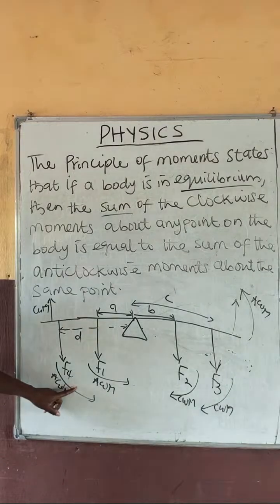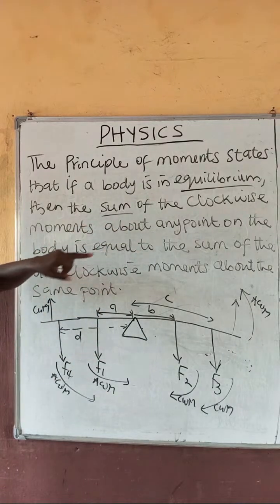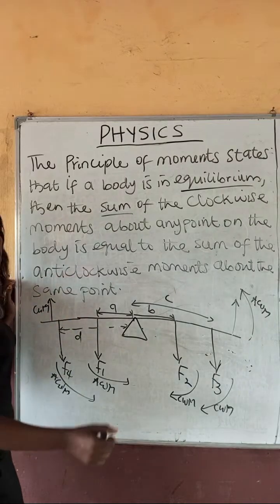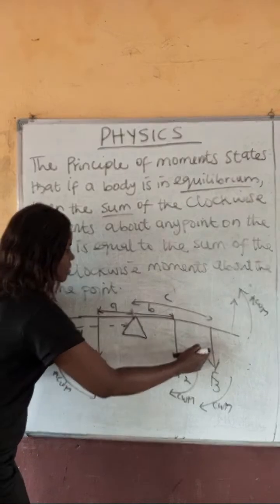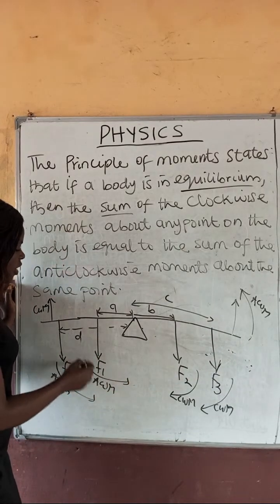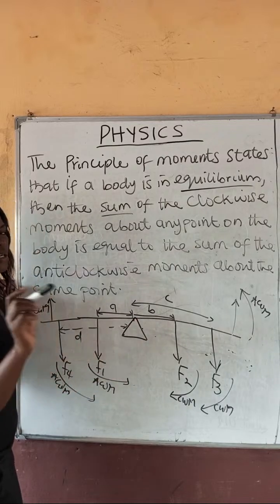Now, this F4 is anti-clockwise. I said it is the sum of the clockwise moments and the sum of the anti-clockwise moments. There's a possibility that you may not have only one moment on this side or on this side, okay? But because it is facing this way, it is going this way, it becomes anti-clockwise.